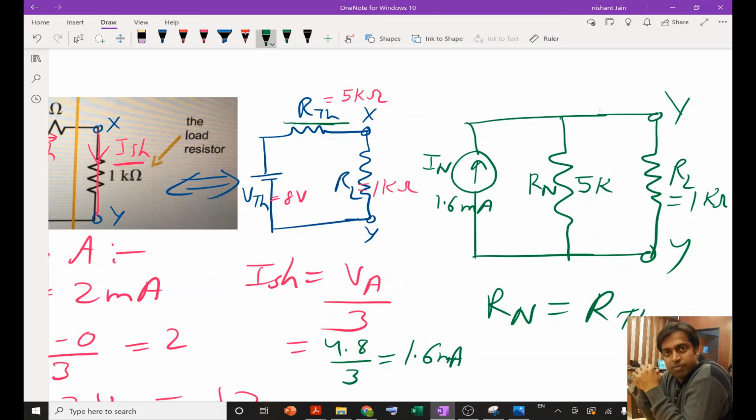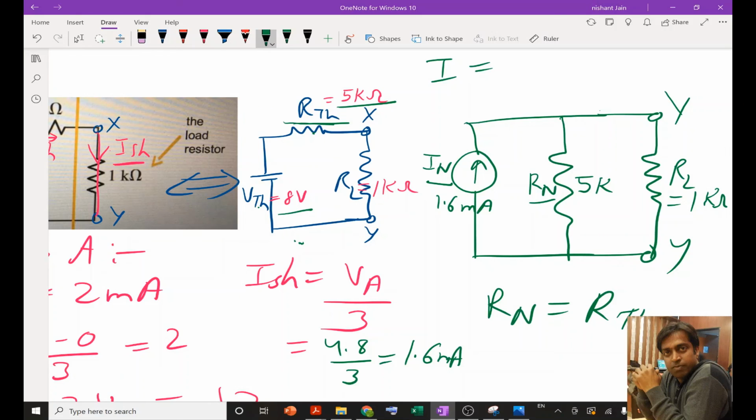And to check whether we have got the Norton current correctly or not, you can see that if we apply the source transformation theorem on this Thevenin circuit, which is 8 volt and 5 kilo ohm, then as per the source transformation, we can replace the voltage source in series with the resistance RTH with a current source in parallel with the resistance.